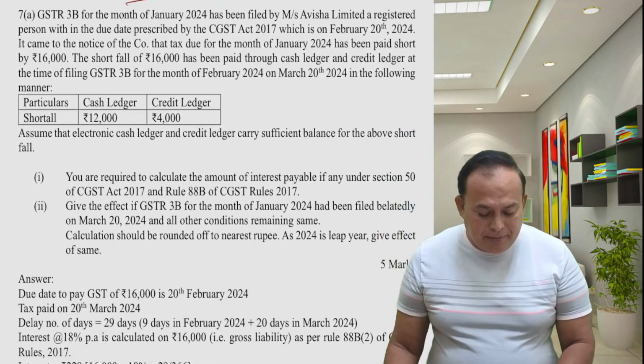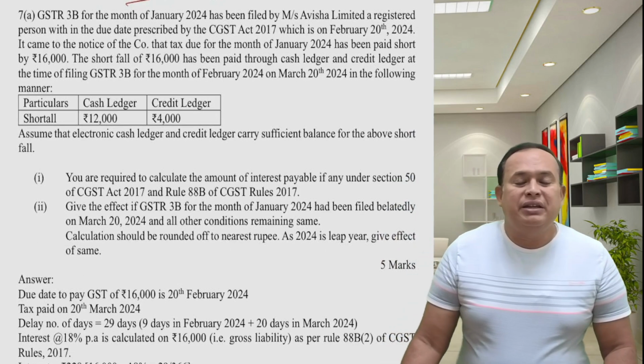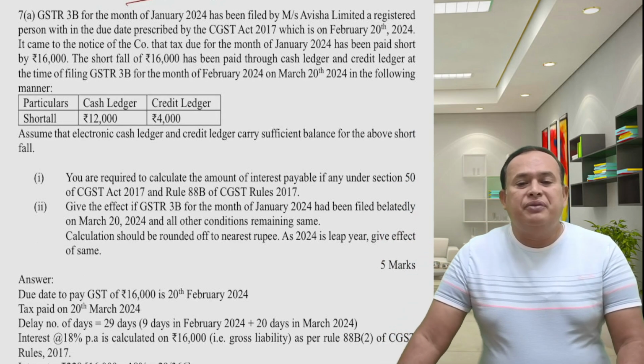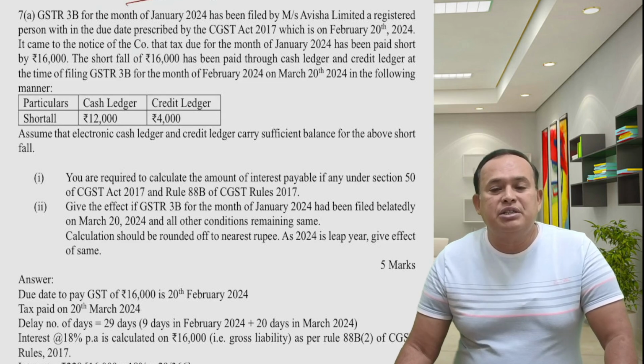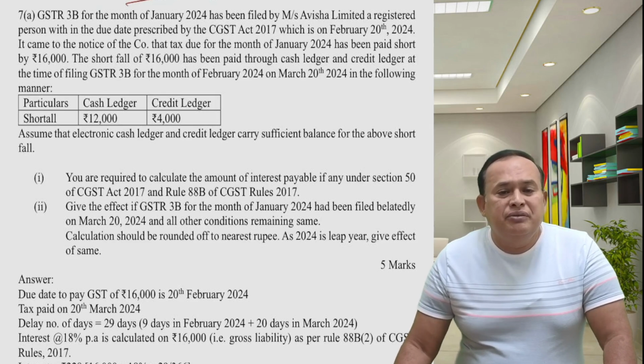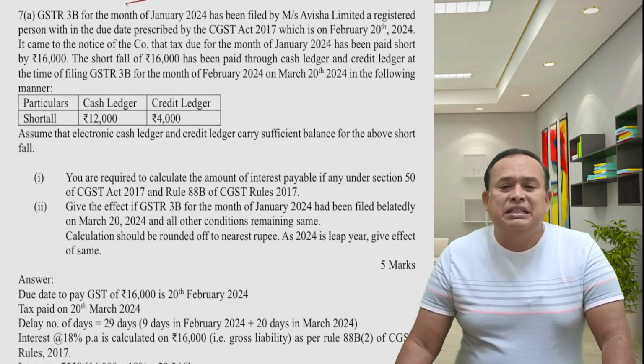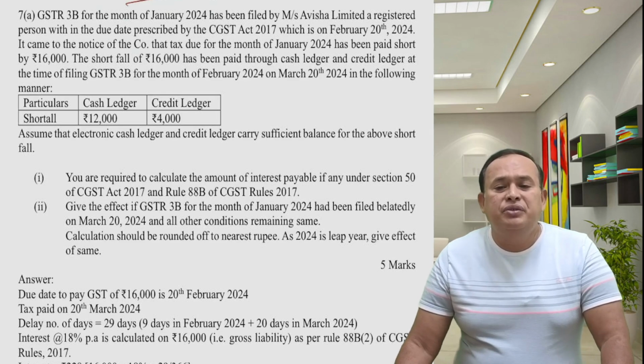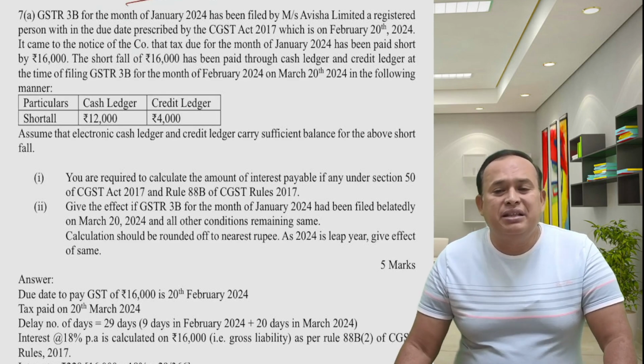Further, my dear friends, next question I'm reading, 7A. GSTR 3B for the month of January 2024 has been filed by Avisha Limited, a registered person, within the due date prescribed by the CGST Act, which is February 20th, 2024.